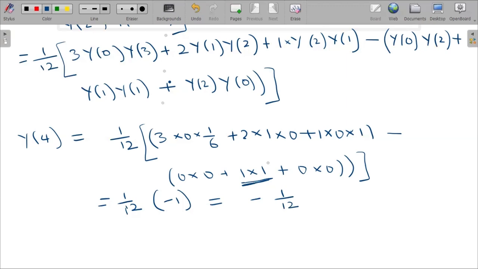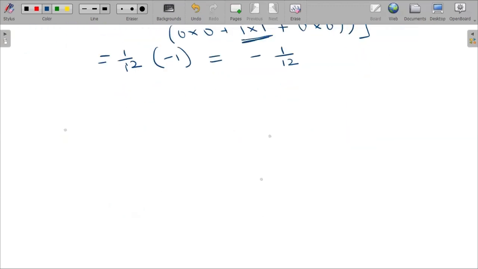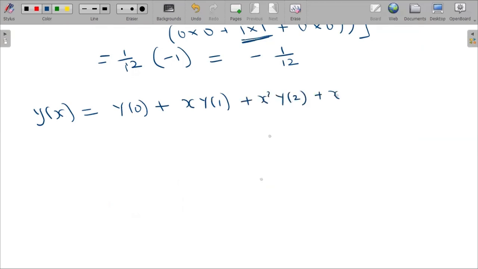So bringing all your results together, we say y of x equals y of 0 plus x y of 1 plus x squared y of 2 plus x cubed y of 3 plus x raised to the power 4 y of 4. And this will yield 0 plus x.